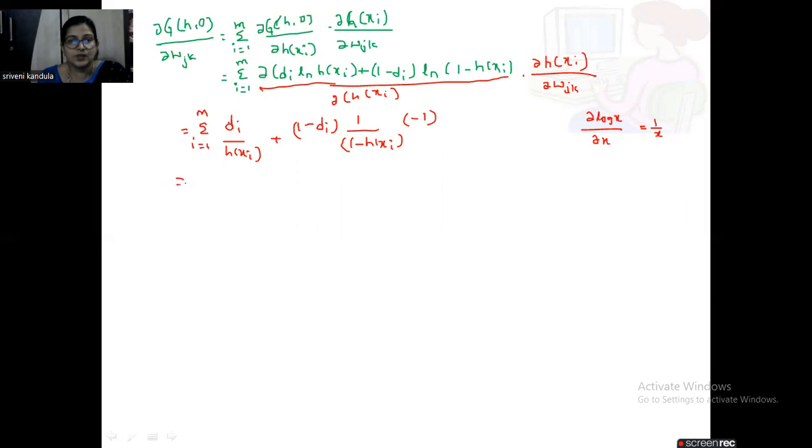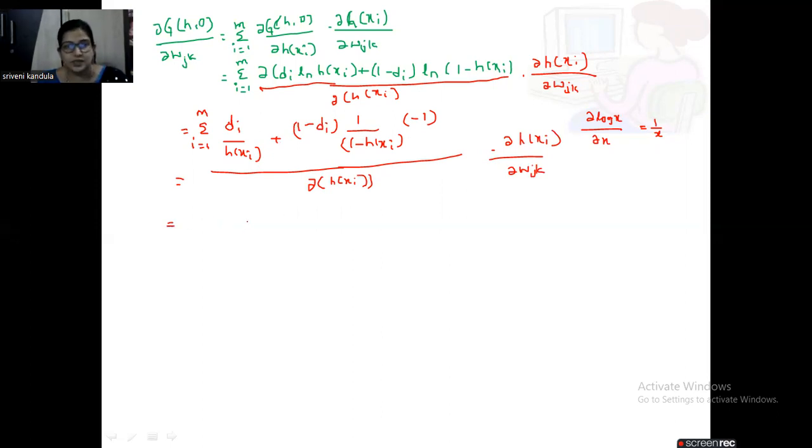If you simplify this, the remaining term is as it is, that is h of xi. The other part we didn't solve yet. Now if you simplify this part by taking the LCM, you will get h of xi into 1 minus h of xi.